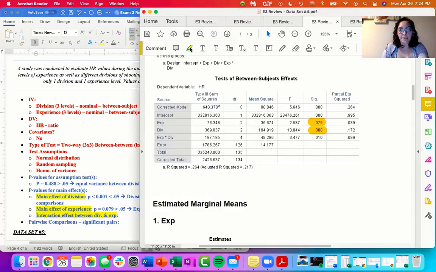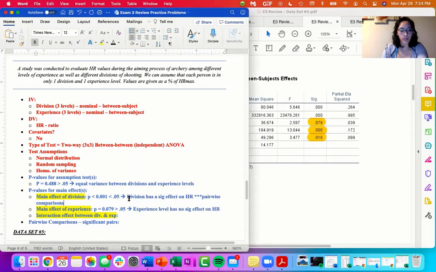Then let's look at our interaction effect. Experience and division has a p-value of 0.010, which is less than 0.05.